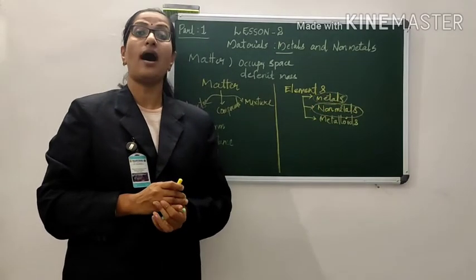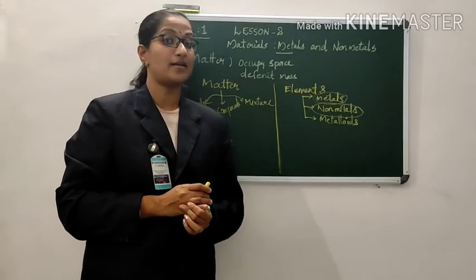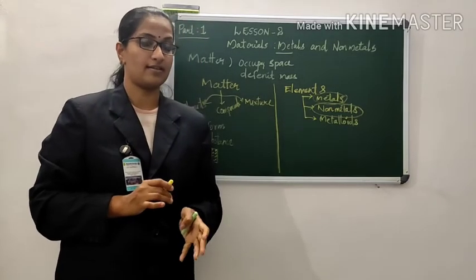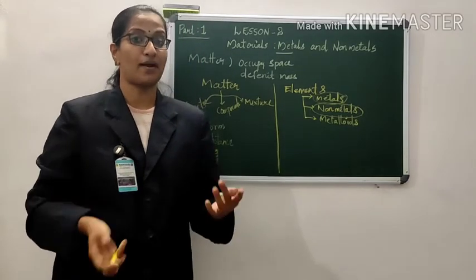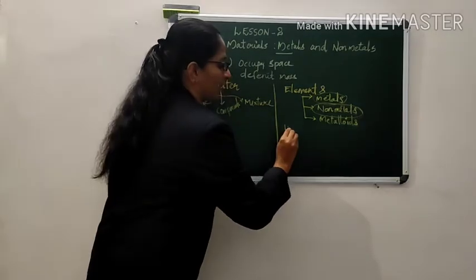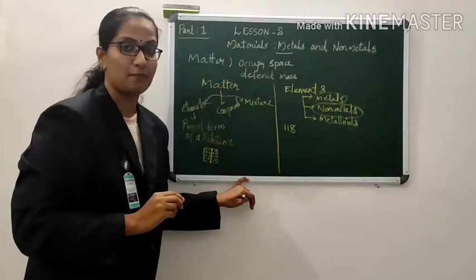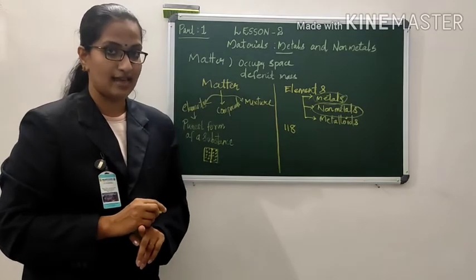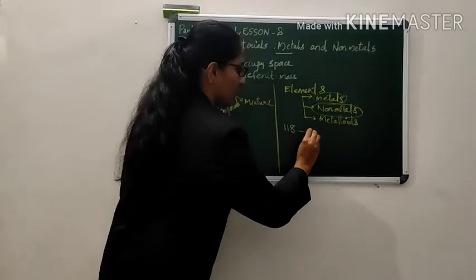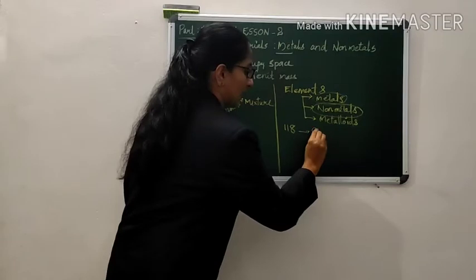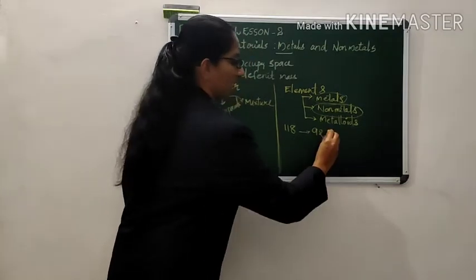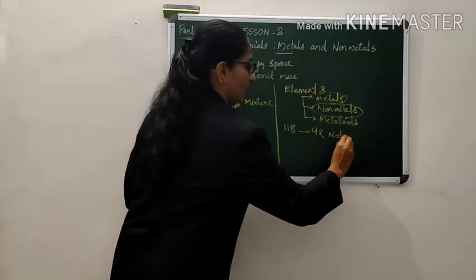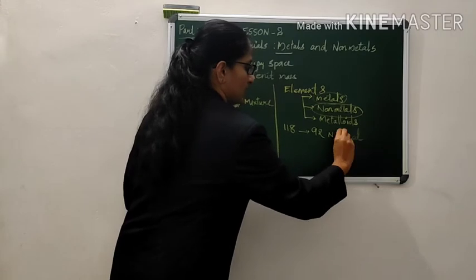Children, do you know how many elements are present in our world at present? You will be surprised to know that 118 elements are present nowadays. Out of these 118 elements, one more surprising thing, 92 elements are naturally occurring elements.